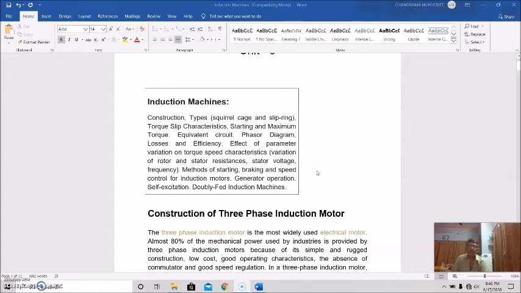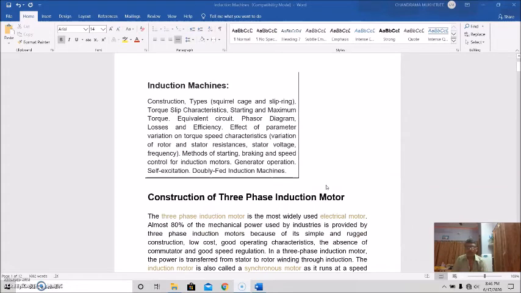Other than that, we will follow Ashfaq Hussain, Electrical Machines, and Mukherjee and Chakravorty, Electrical Machines, and even Bandyopadhyay. We'll follow these in our induction machines discussions.